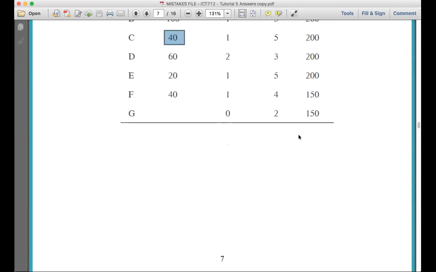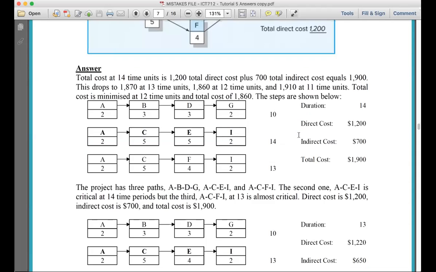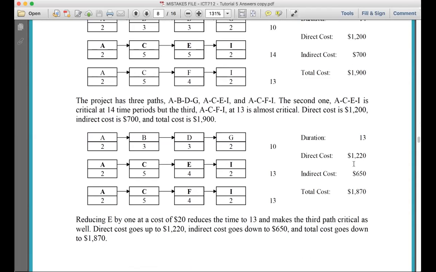So on top of the 1,220 that I have here, I add an extra 40, which brings me to 1,260, and the indirect cost reduces from 650 to 600. So your total becomes 1,260 plus 600, which is 1,860.